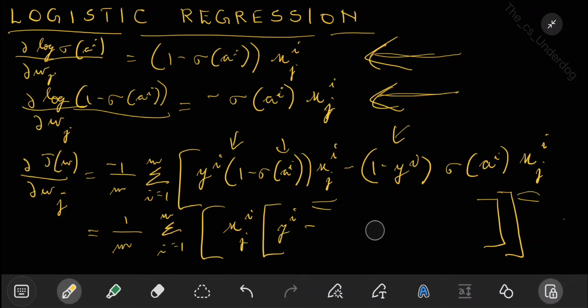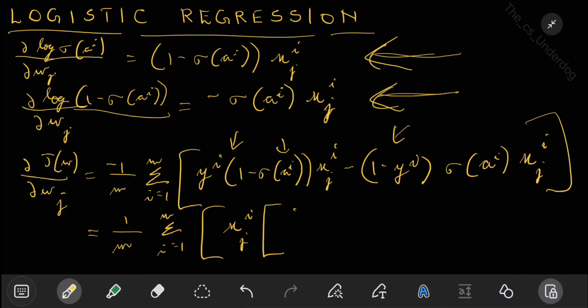This will be sigma ai minus yi. Okay. So this can be written as xji into sigma ai minus yi, right? So this is your final derivative. If you take the derivative with respect to wj, this is what you finally get.